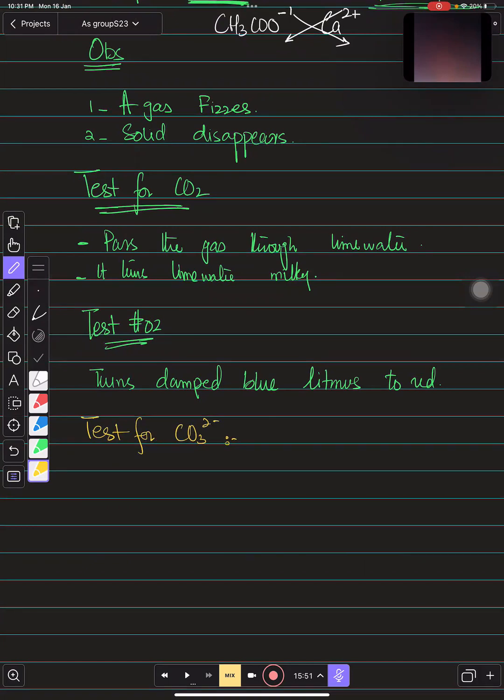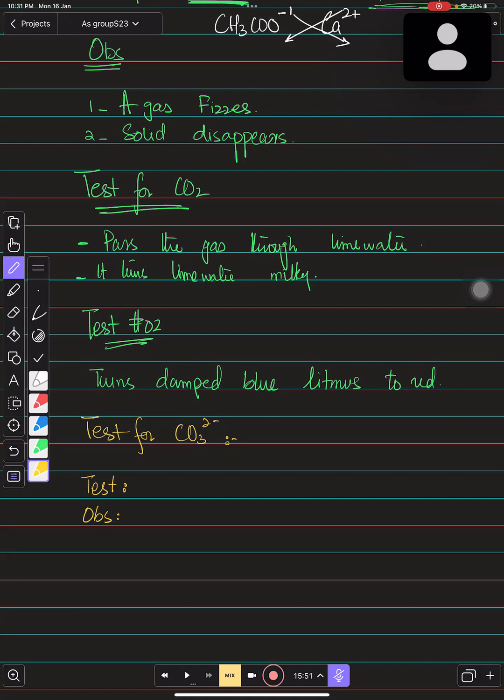आप में से कोई मुझे बता सकता है what is the test for carbonate ion? Dilute acid. Yes, any acid. You can add any dilute acid and it will produce a carbon dioxide gas, and you need to mention over there a gas produced which turns lime water milky.